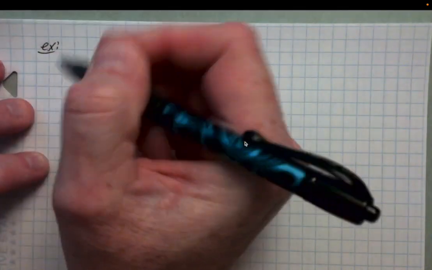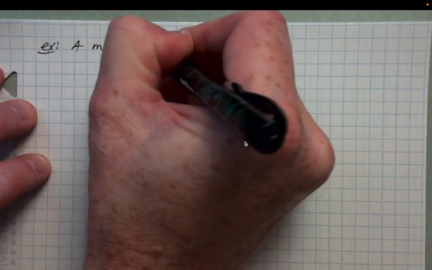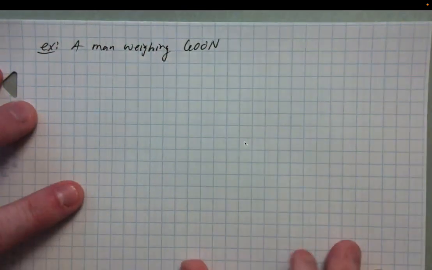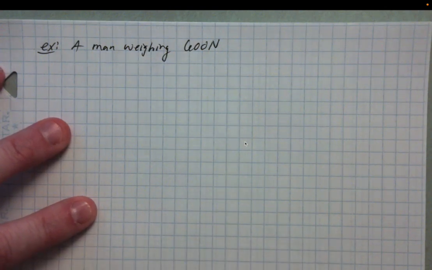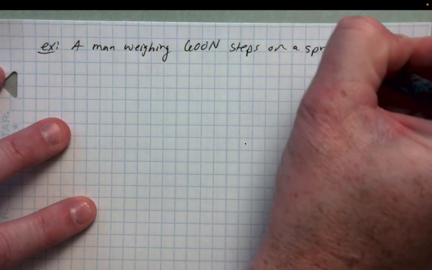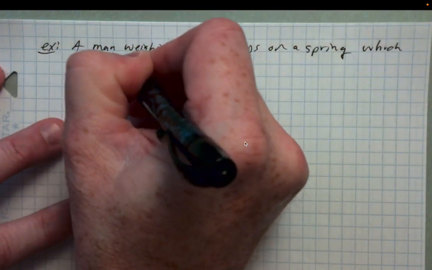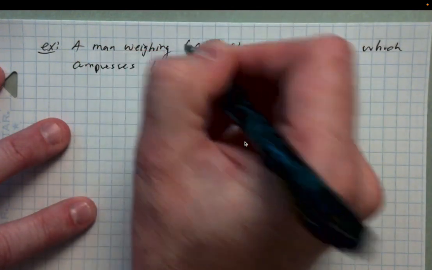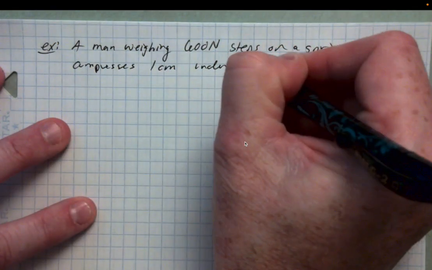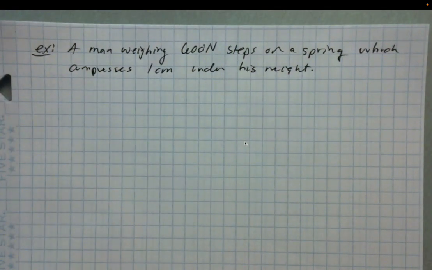Okay, let's do a simple example here. Let's say a man weighing 600 newtons steps on a spring which compresses 1 centimeter under his weight.